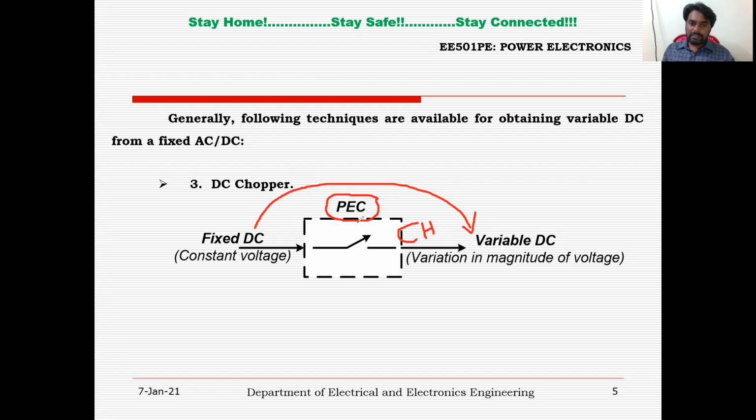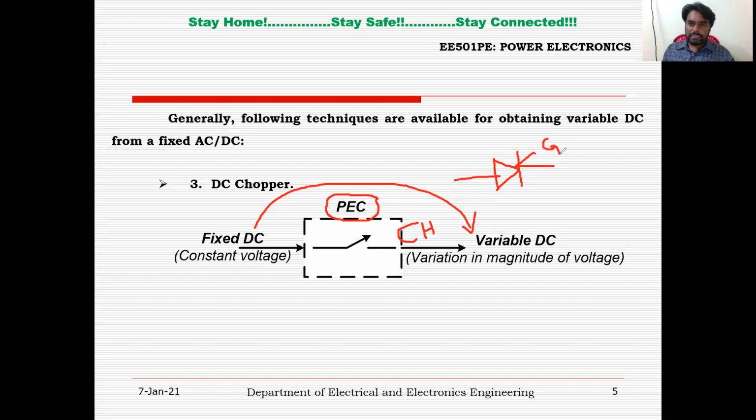This box will have one main SCR, and in addition to this SCR, a commutation circuit. We know the SCR can be turned on with the help of the gate terminal.